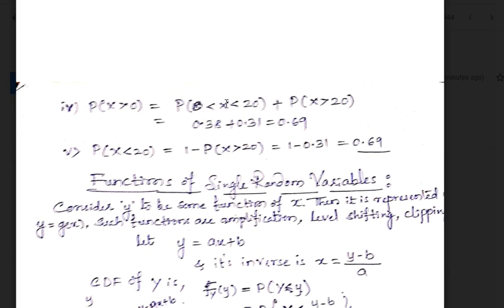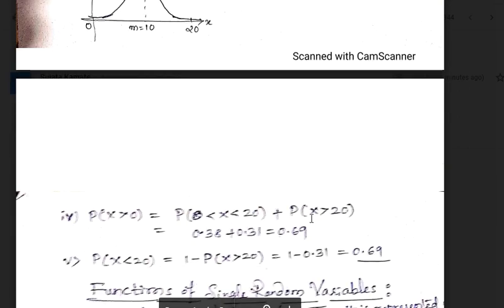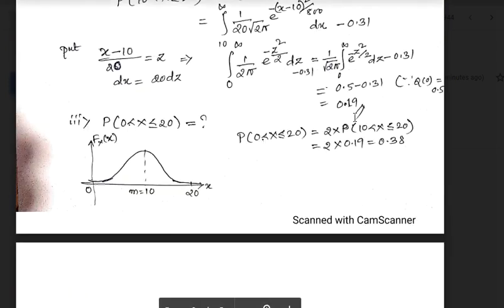So x in between 0 to 20 is 0.38, and x greater than 20, which we took at first, is 0.31. So altogether it is 0.69.